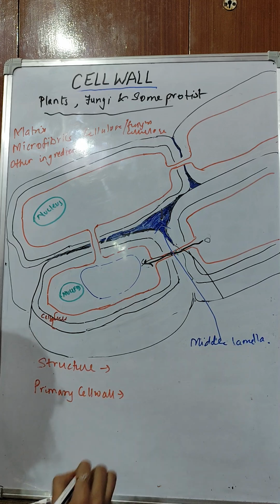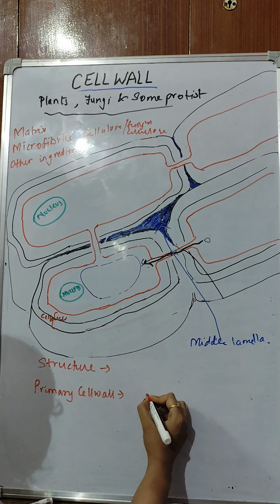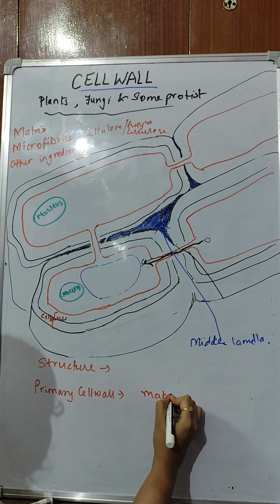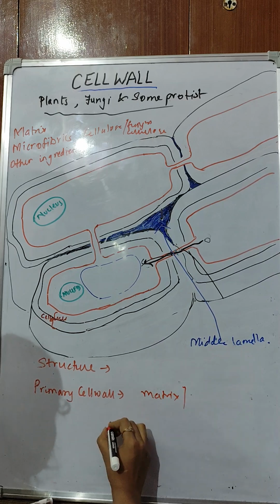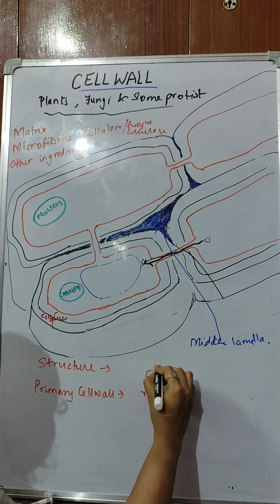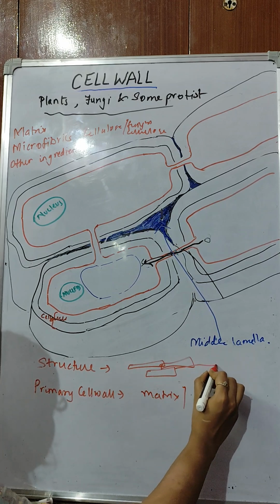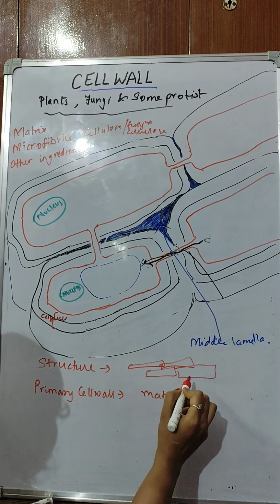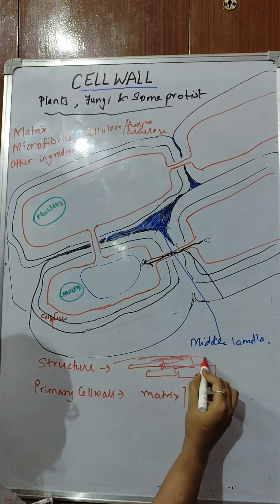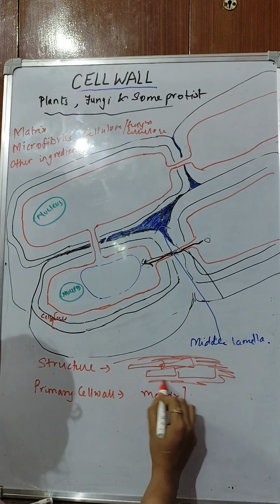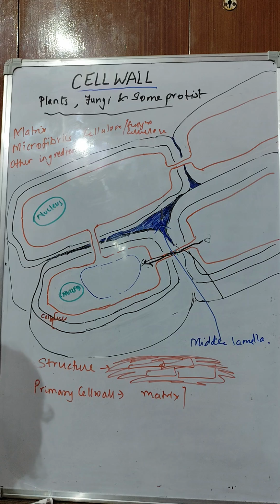Now the primary cell wall is generally composed of microfibrils which are embedded in the matrix, or ground substance, whatever you want to call it. These microfibrils are not very much oriented. This is the microfibril, and that is the matrix.